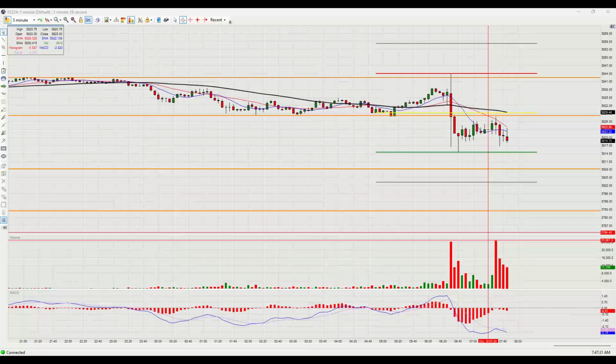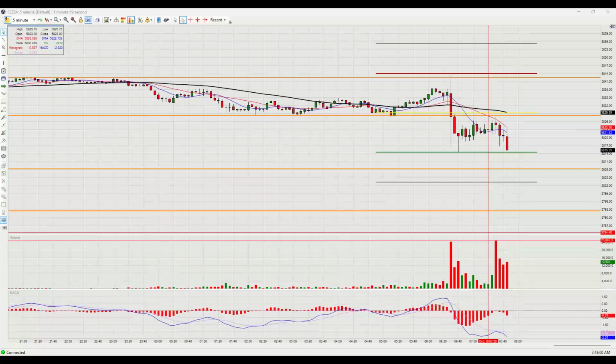Watching the game play itself out down there. I expect whatever probe we get below 14.75, I expect this area to hold.